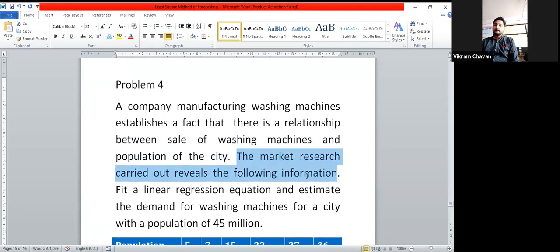The market research carried out reveals the following information.